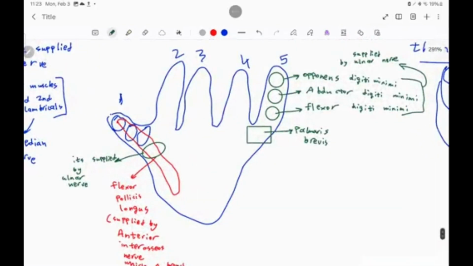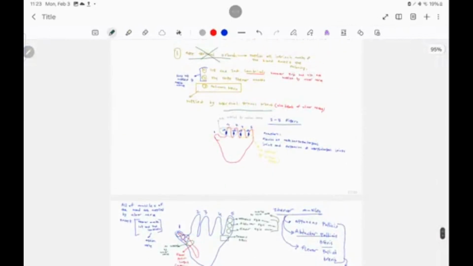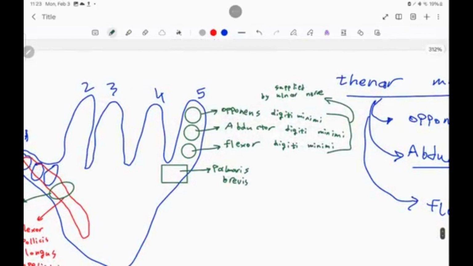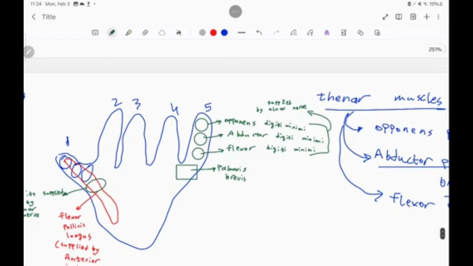The palmaris brevis, as we said, is supplied by the superficial terminal branch, and it just makes tension below the little finger, and it connects it to the surrounding connective tissue to make it more stable and tough, and not like elastic.